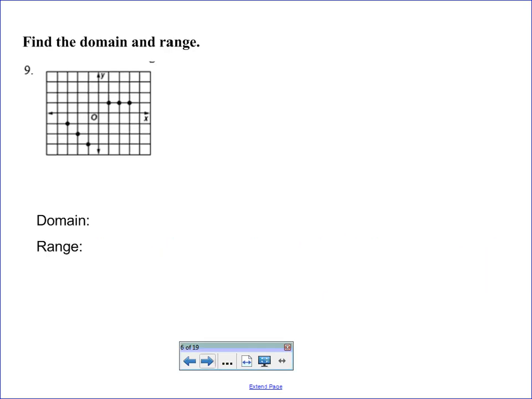Right, so find the domain and range. Here, there is discrete domain and range, meaning there are only points. There's no lines between the points, so these are the discrete values in the function. And so the domain here is going to be the x values. -3, -2, -1, 1, 2, 3.